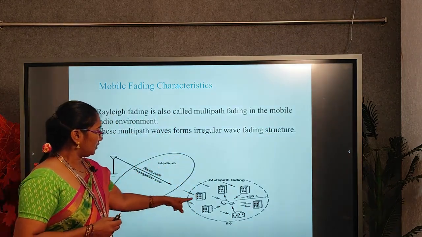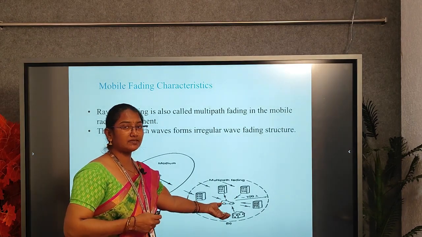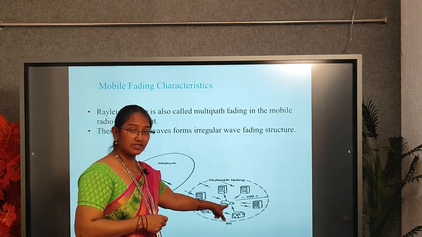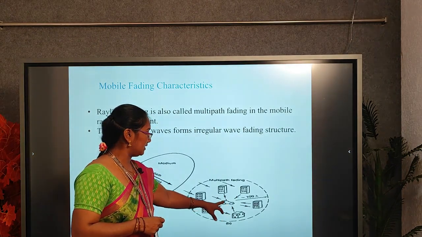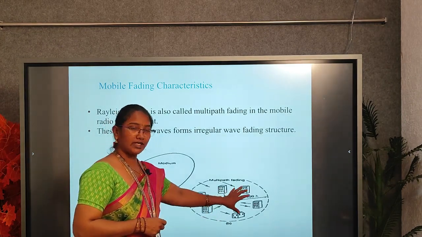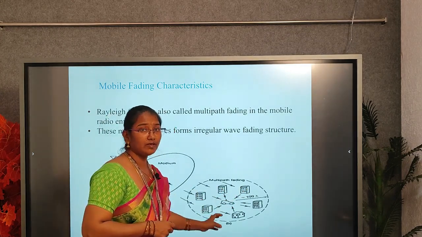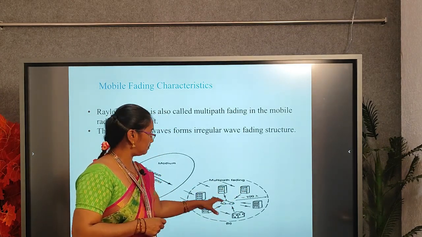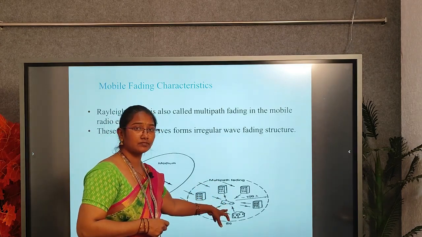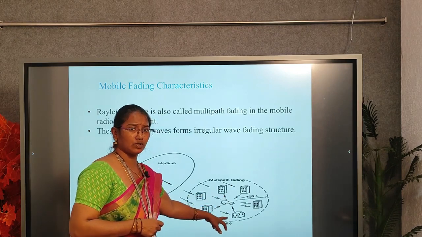See here, the mobile is within the vehicle only, treat it like this. It is traveling in between a city, so many buildings will be there. The signal should reach it by direct paths or reflected paths also.